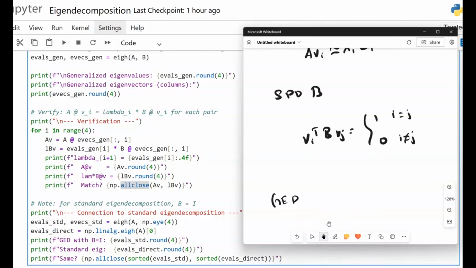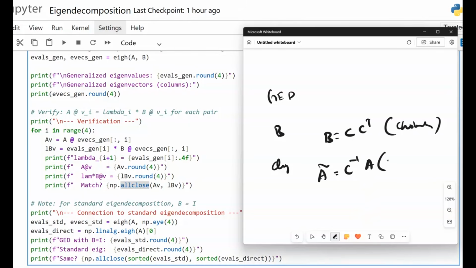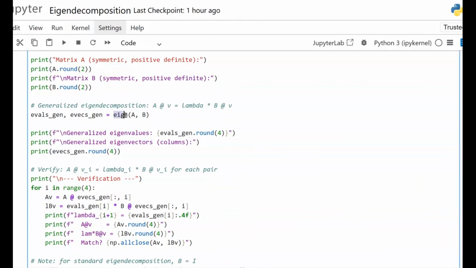Since B equals C times C transpose, using the Cholesky factorization, we define A tilde as C inverse times A times C inverse transpose, and we solve A tilde times U equals lambda U, and it recovers V equal to C inverse transpose times U. And of course, eigh performs this transformation internally.